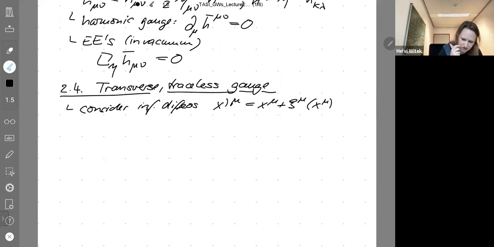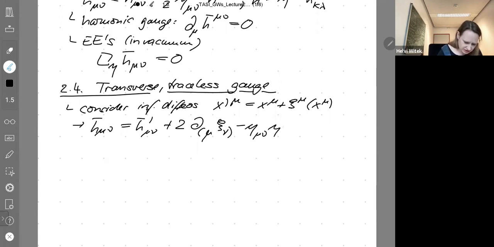If we insert that into our metric perturbation, we can write our gravitational potential h bar mu nu as h bar prime mu nu, our transformed perturbation, plus 2 partial mu xi nu symmetrized over the indices mu and nu, minus eta mu nu eta kappa lambda partial kappa xi lambda.